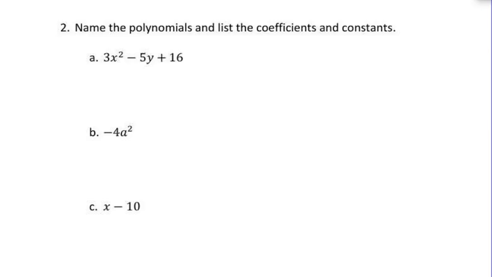In the next example, we're going to name the polynomial and list coefficients and list constants. Alright, so in example A, we have 3 terms that are separated by a negative and a positive sign. So this is a trinomial. And they want us to list the coefficients.